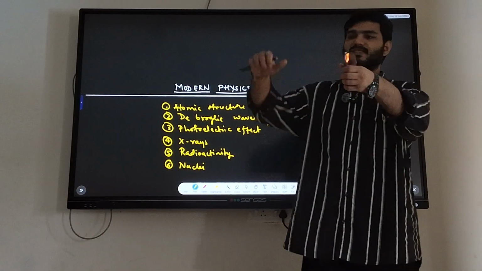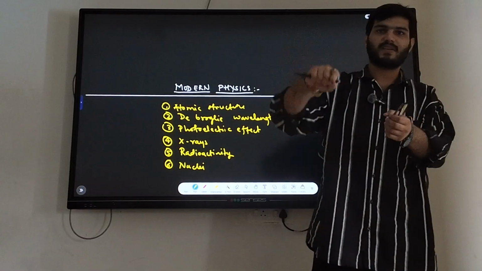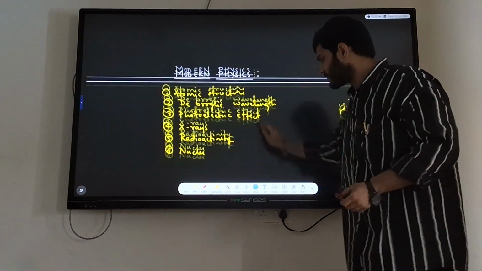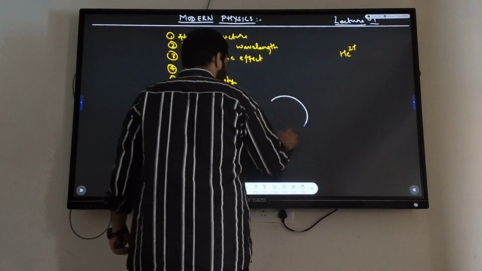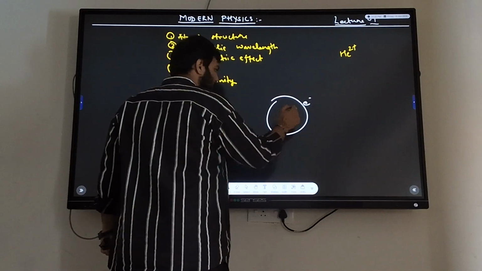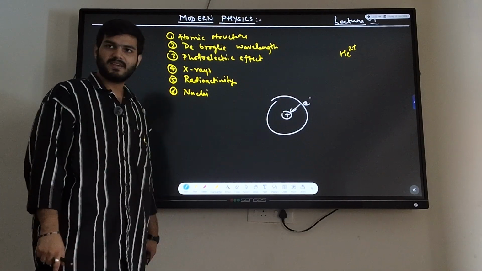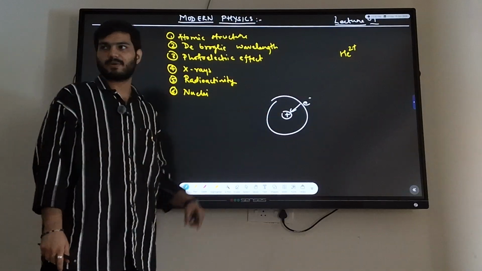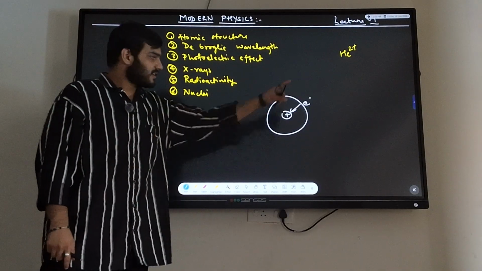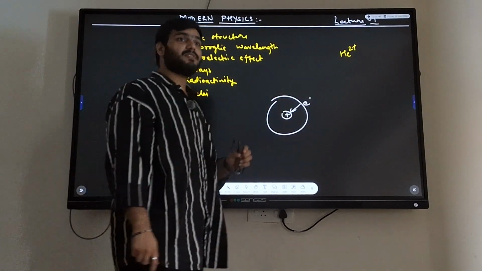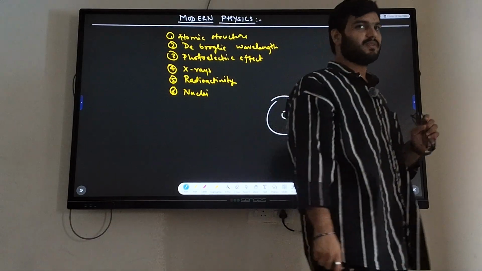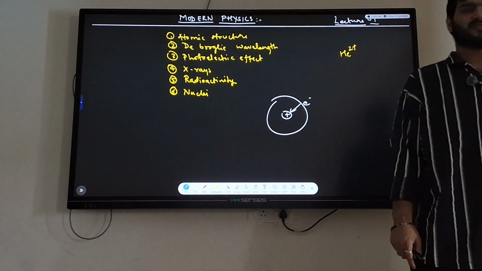The nucleus is giving an attractive force. And if you have an electron like this, there is an attractive force acting towards the center of the circle, no? And this is the centripetal force. And it keeps on revolving like this. These were the conclusions of the results of the experiment.